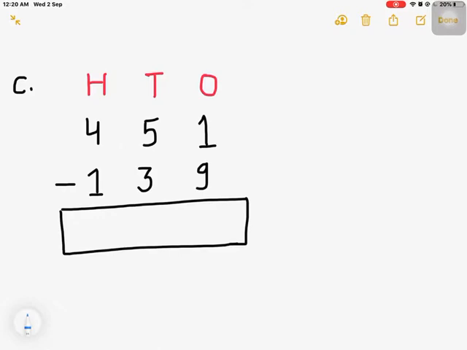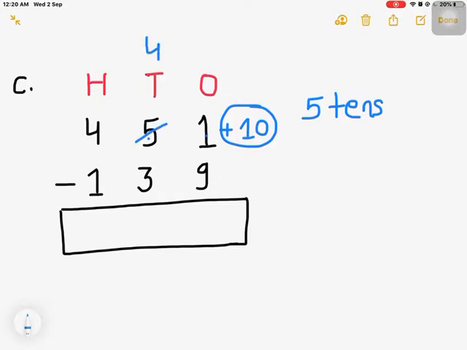1 is less than 9, so what we have to do, it will borrow from the tens column. Here we have 5 tens. It gives 1 ten to ones column, so we have 4 tens here. Understood? So 11 minus 9 is 2.